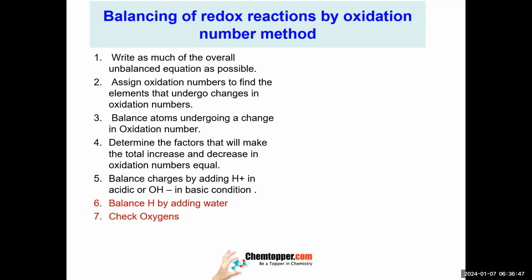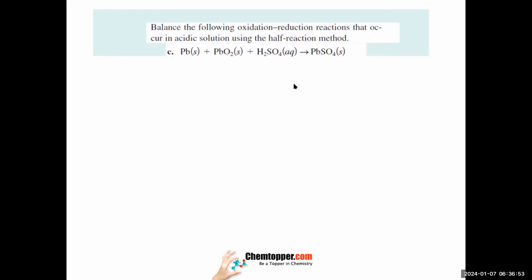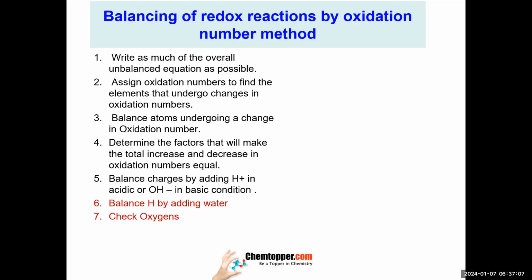Okay, so ready? Let's pick up one equation. This one or this one? Which one you want to pick up? I think we should go for this one. Aluminum, permanganate, manganese dioxide, aluminum hydroxide. Okay, let's take this equation. We'll try to balance this equation by using these rules. So first rule, write unbalanced equation.